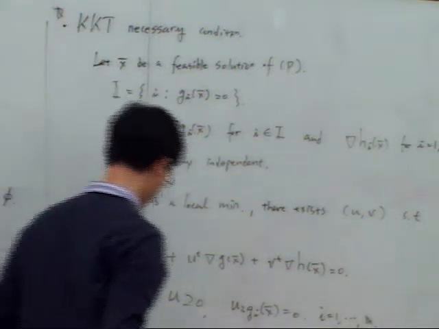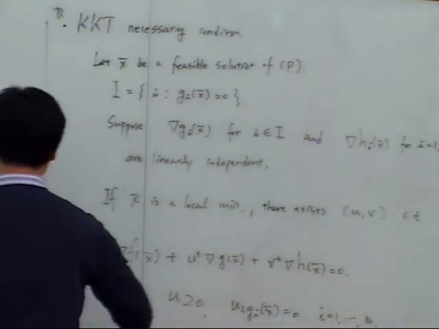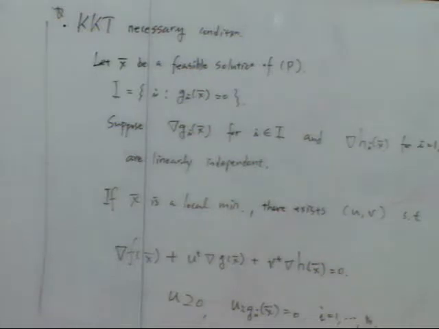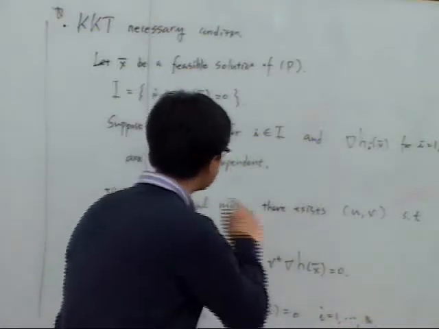This is the most important necessary optimality condition in constrained optimization. Okay, let's go back to the concept talk.